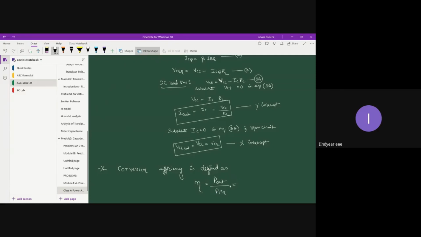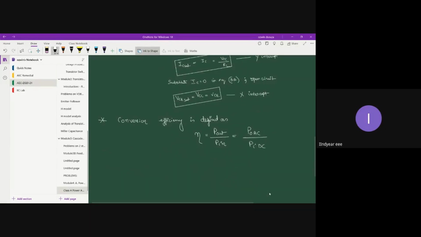In case of a power amplifier, the power output is P0 AC and the power input is PI DC, because I have already told you why the power input is considered as PI DC. Where PI DC is nothing but the product of current into voltage. So voltage is the power supply voltage and current is ICQ, the collector current. So this is your expression for PI DC.